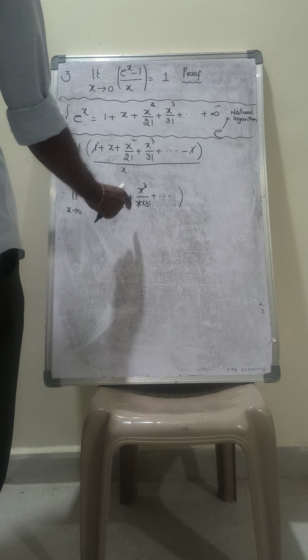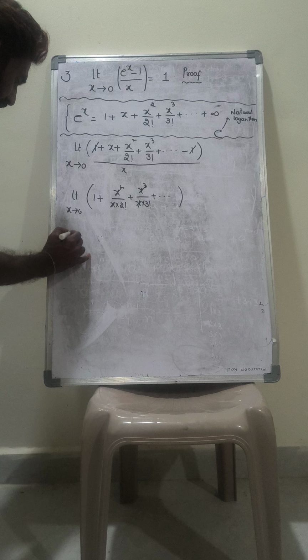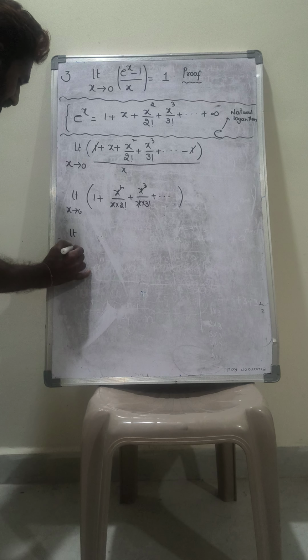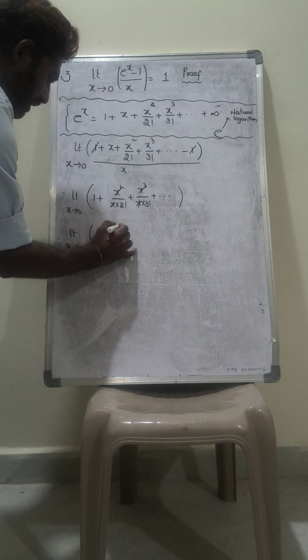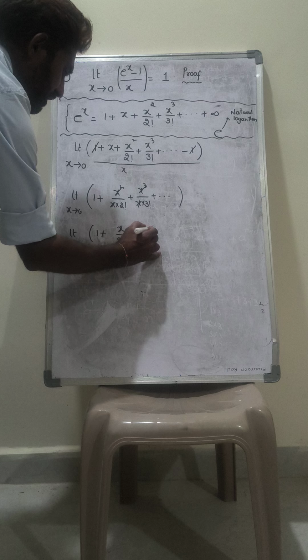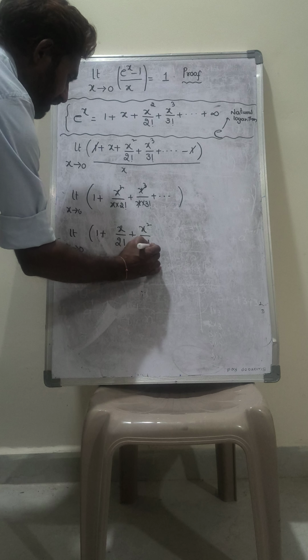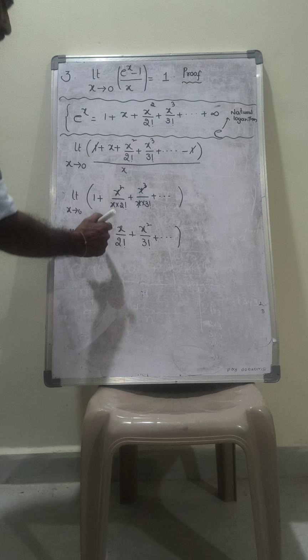Limit x tends to 0 of 1 plus x by 2 factorial plus x power 2 by 3 factorial, and so on. Now substitute x value 0 here.